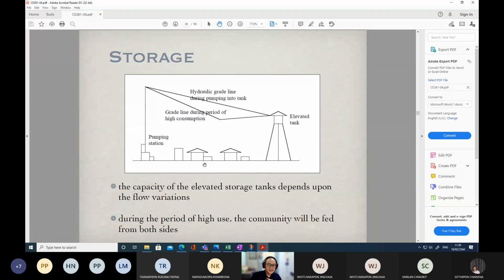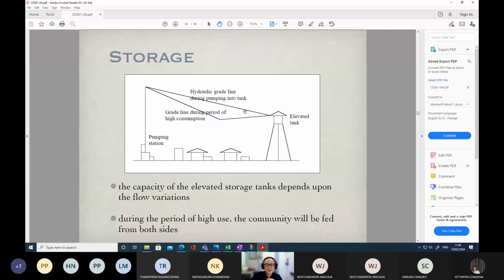We supply the water from the elevated tanks to the community. As per the community's demand, during high demand the hydraulic grade line may drop. The pumps bring the water to the elevated tank, so the energy level at the pumps should be higher than the energy level at the elevated tank.